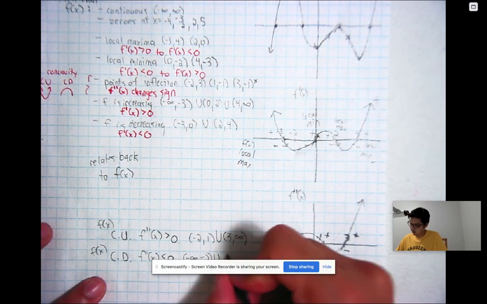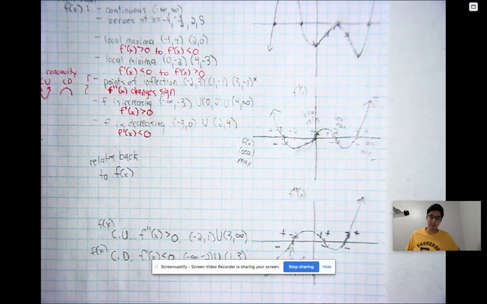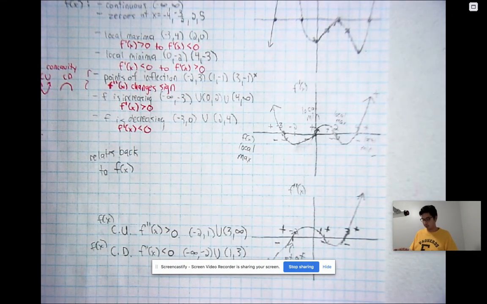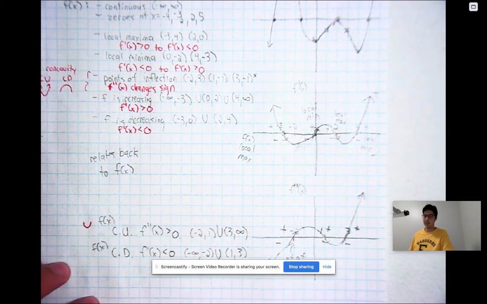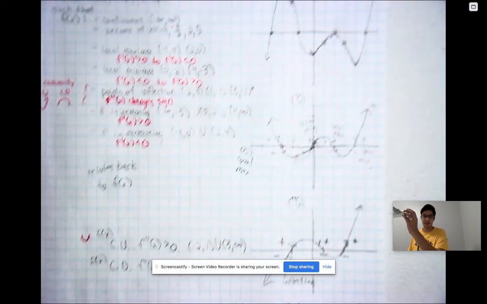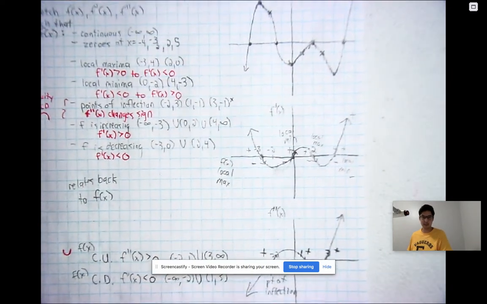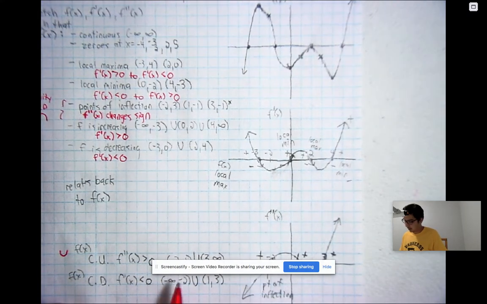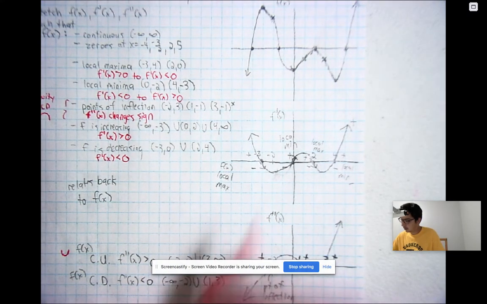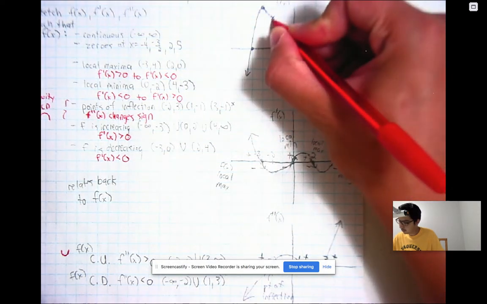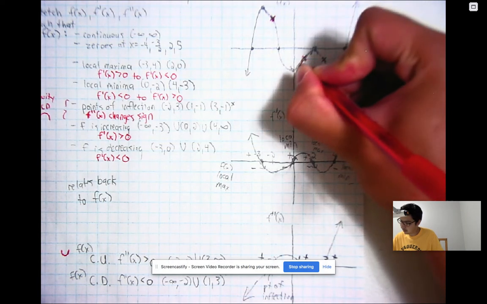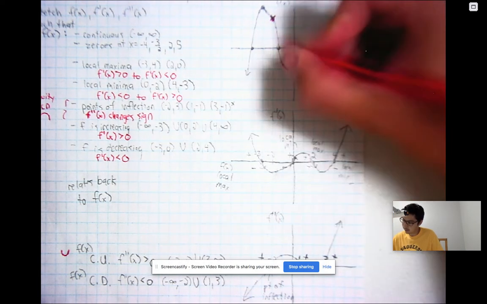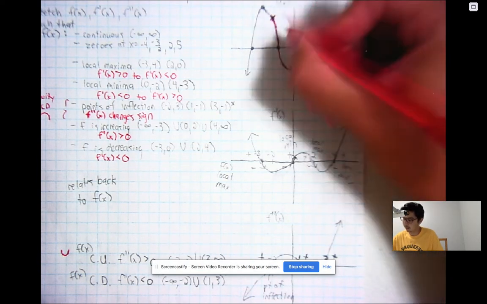1 to 3. And let's relate this back to f of x and see what this looks like on f of x again. So f of x is concave up. What we imagine is if it's concave up, it'll be some sort of upward bowl. So back at f of x, from -2, there's the x that I made, to 1, this whole part of f of x is concave up.